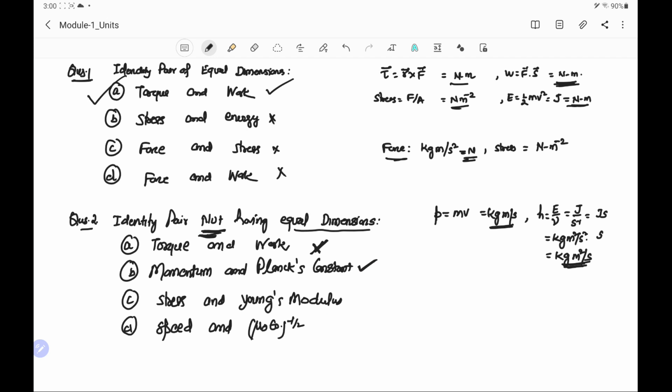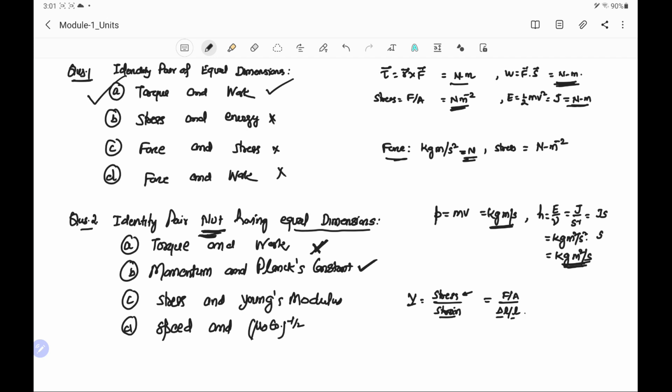Stress and Young modulus. Stress we have already given, it is Newton per meter square, and Young modulus is defined as stress divided by strain. Longitudinal stress and longitudinal strain. Stress is force by area. Strain is the fractional change in length.